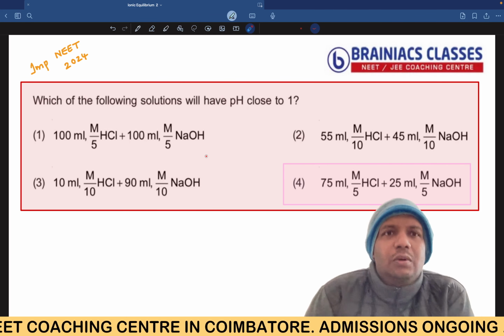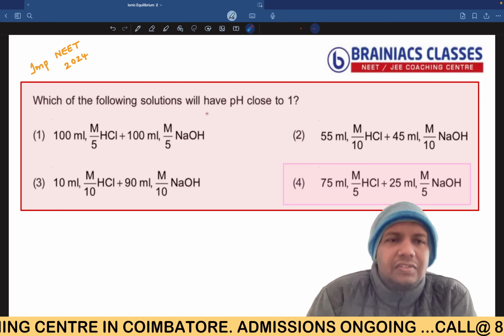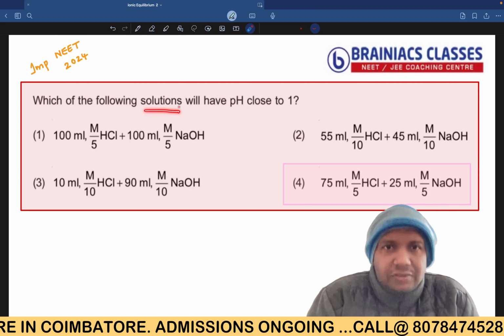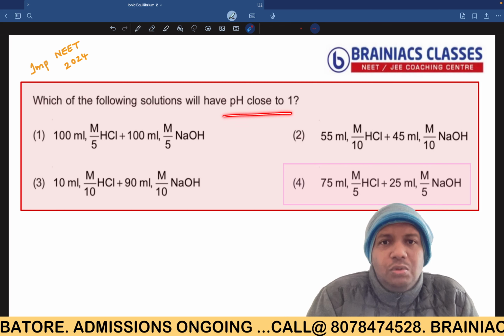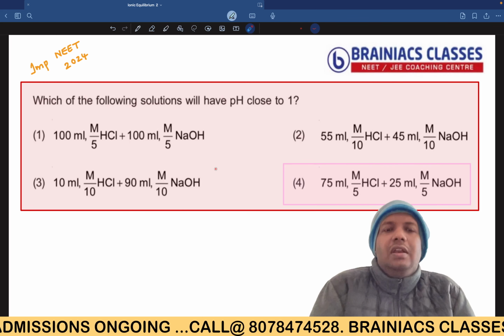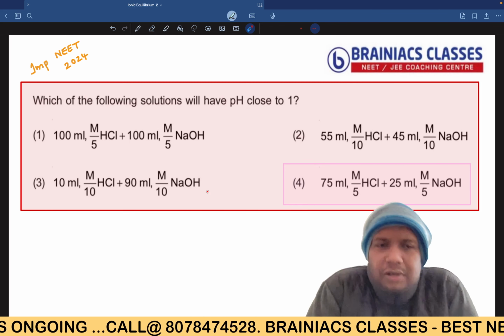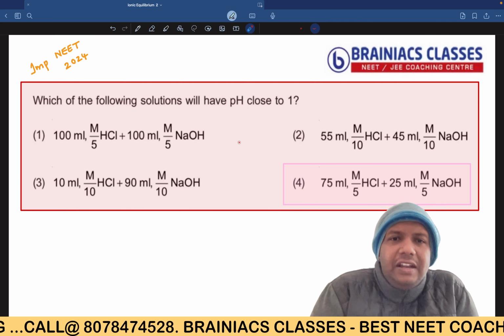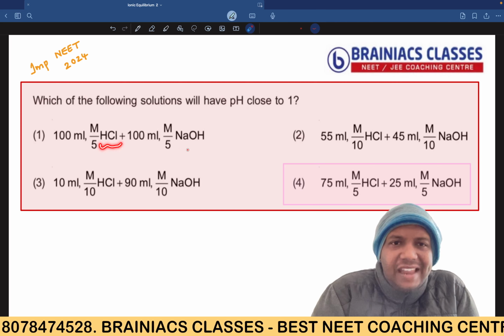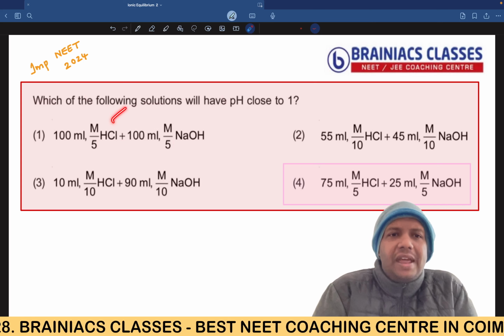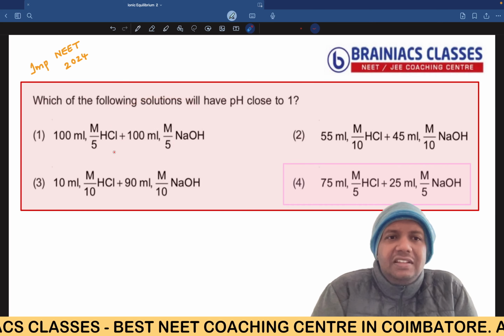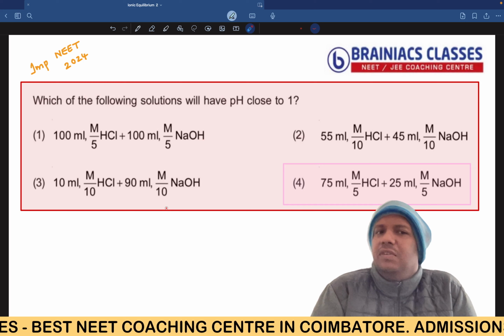In this particular question, they are asking which of the following solutions will have a pH value that is close to 1. Why this question is very important is because you are given an acid and a base in the options. Between a strong acid and a strong base, a neutralization reaction will always occur.